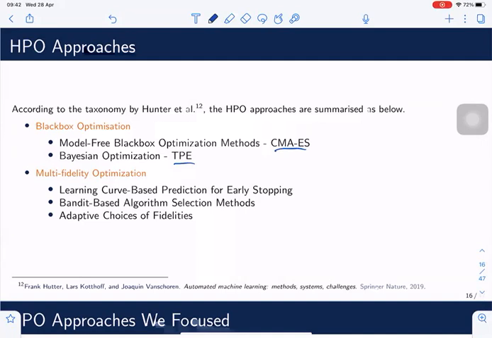And from another angle, people proposed multi-fidelity optimizations. Compared with black box optimization, multi-fidelity optimization approaches focus on how to efficiently allocate limited computational resources to the promising solutions, right?